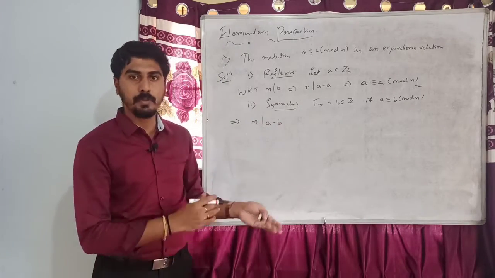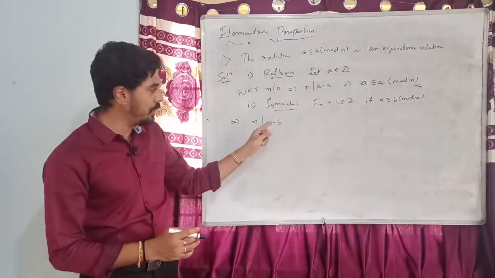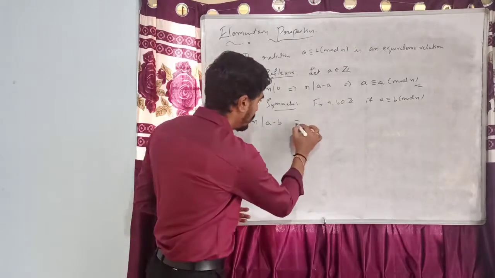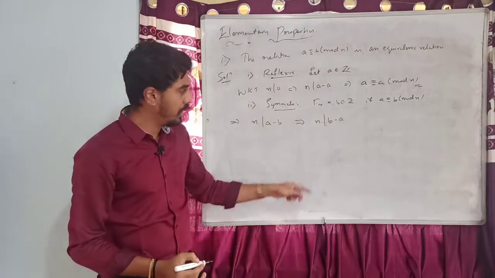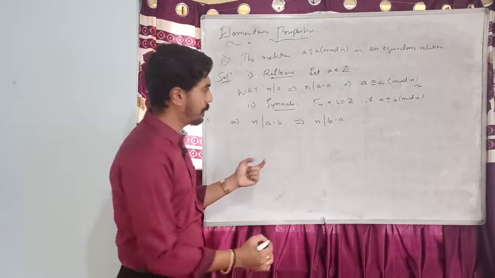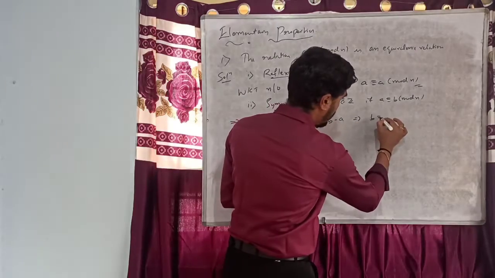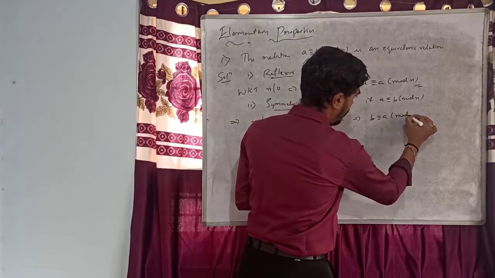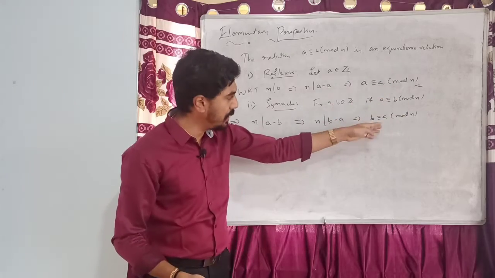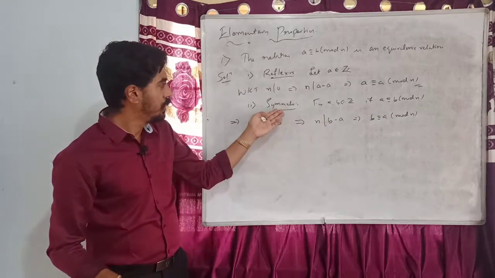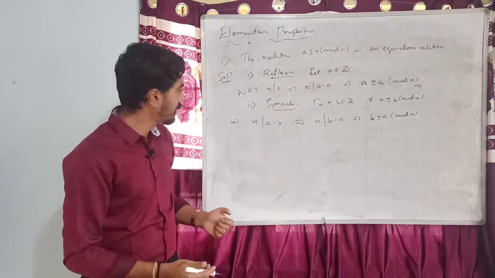So by the property of divisibility, this implies n divides b minus a, and so b is congruent to a modulo n. So we have shown that if a is congruent to b modulo n, then b is congruent to a modulo n, showing that this relation is symmetric.